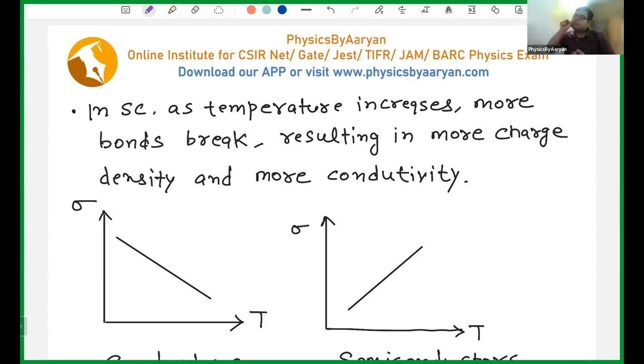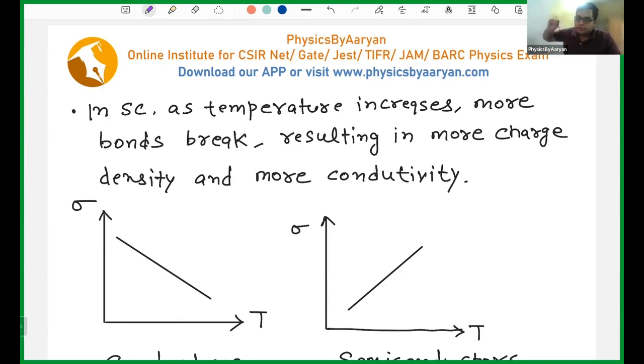But as you keep on increasing the temperature, your bonds are breaking in huge numbers and you are producing a lot more free electrons, and these free electrons will move in an empty room. Which empty room? The conduction band. They will move in an empty room, and as a result they will give you very high conductivity. So what will happen as you keep on increasing temperature?